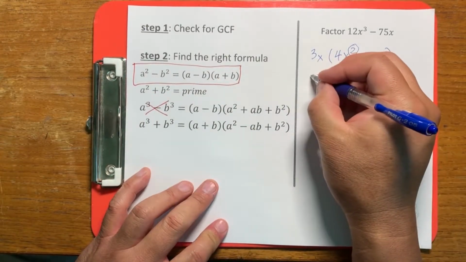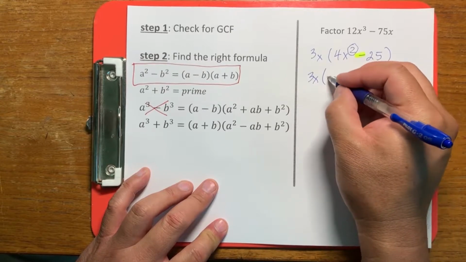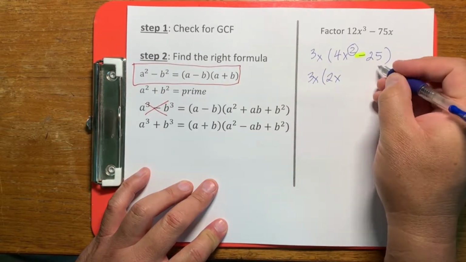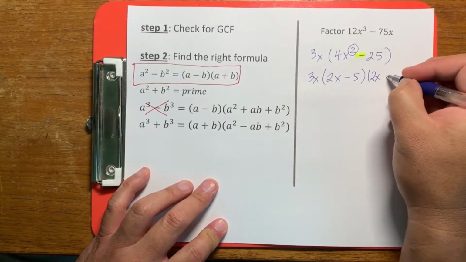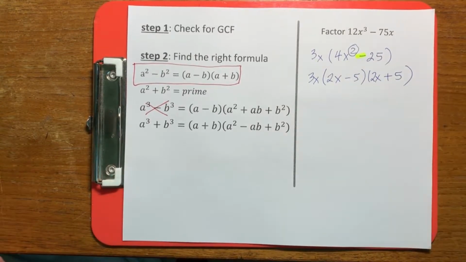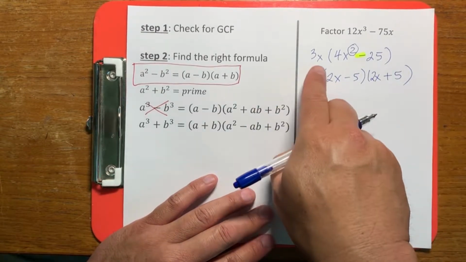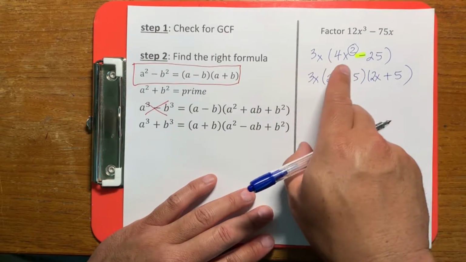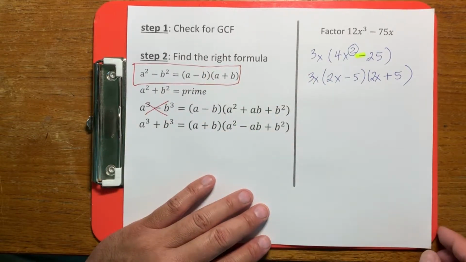So now this will turn into 3x. We're going to take the square root of the 4 and the square root of the 5. And we're done. And the key point here is that always pull out the GCF before determining which of these formulas you're going to use.